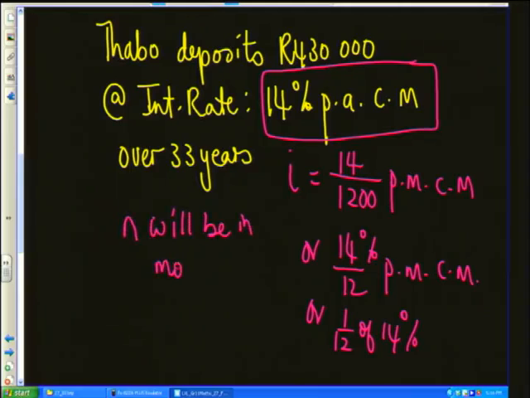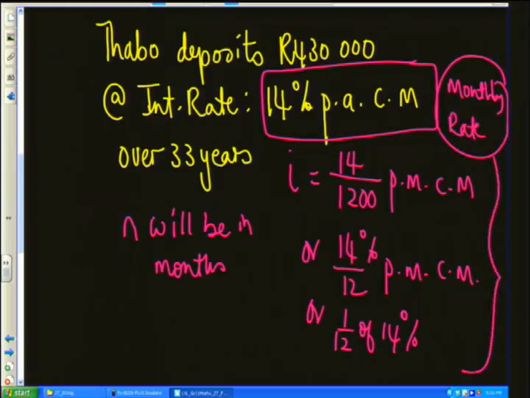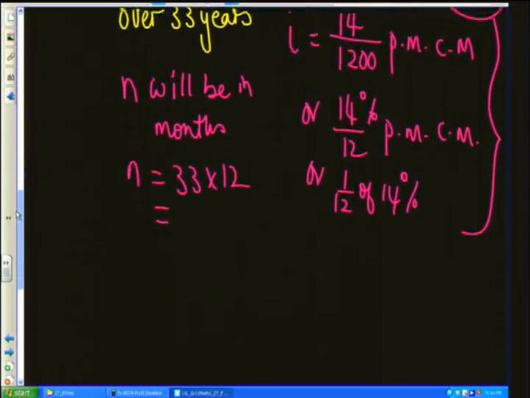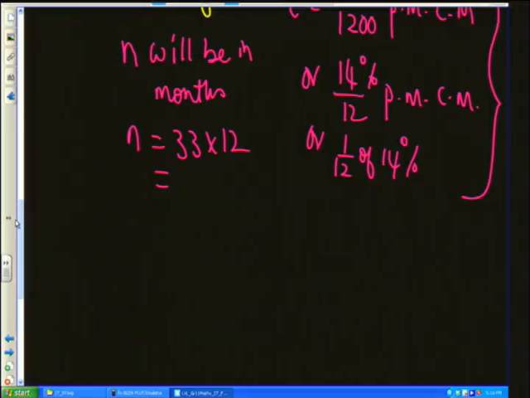So, in other words, since this rate is a monthly rate, then my N is now going to be in months. How many months are there in 33 years? So that would be 33 times 12. And we now have a new N and a new I. But the formula stays the same.